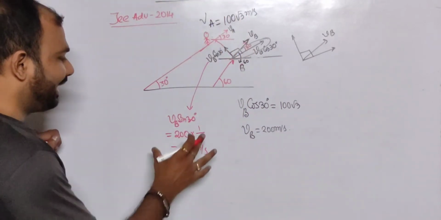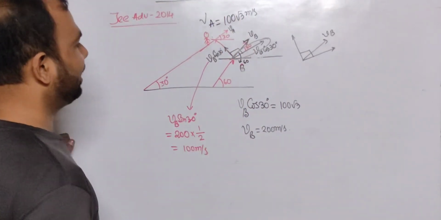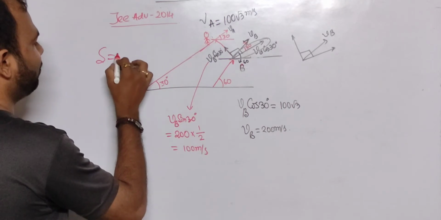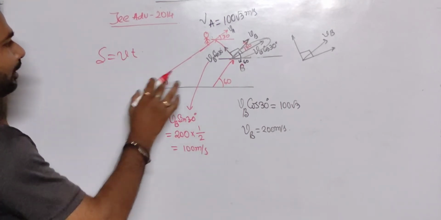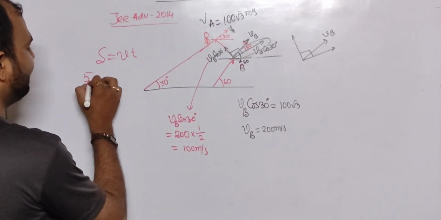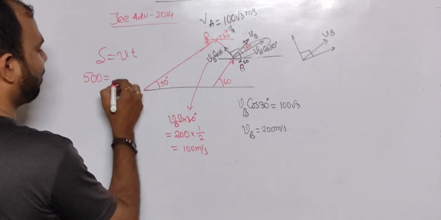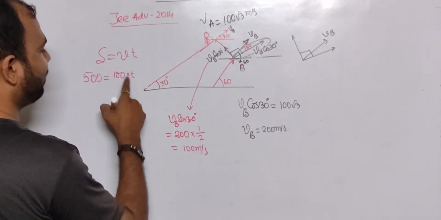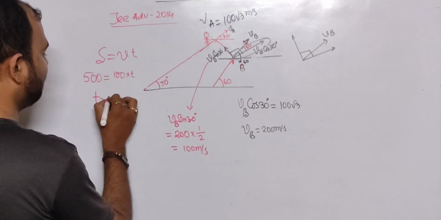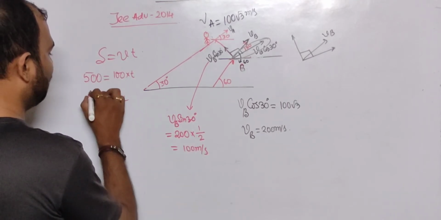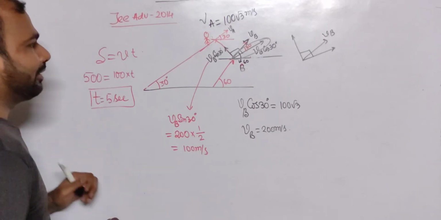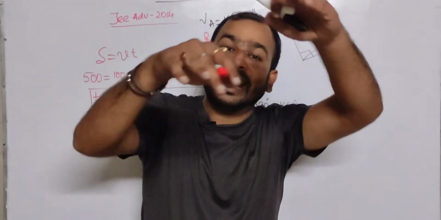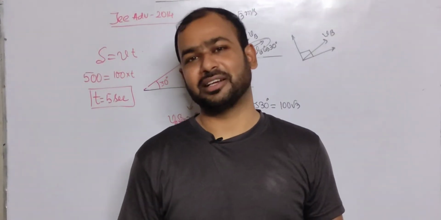In case of non-accelerated motion, the equation is S equals Vt. Distance is 500, velocity is 100, and time t we have to find. So t equals 5 seconds. So the timing where they can get collided is 5 seconds.